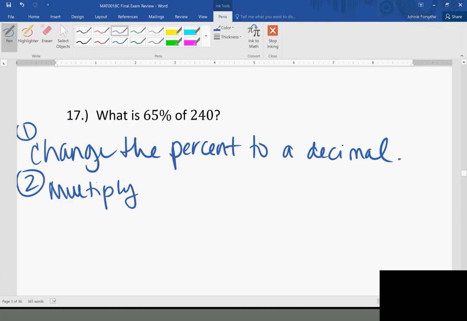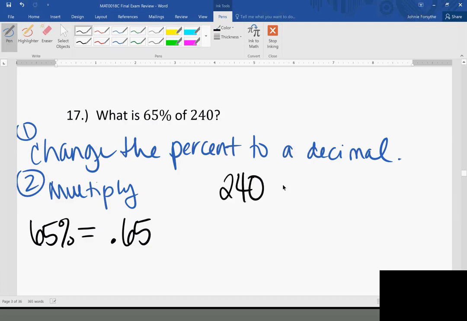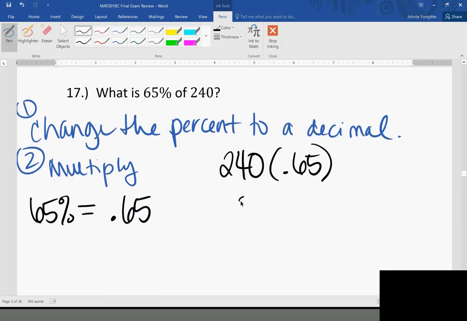So I'm going to change 65% to a decimal. So 65% equals 0.65. And then I'm going to multiply 240 times 0.65. So I'm going to do that by lining up like this.